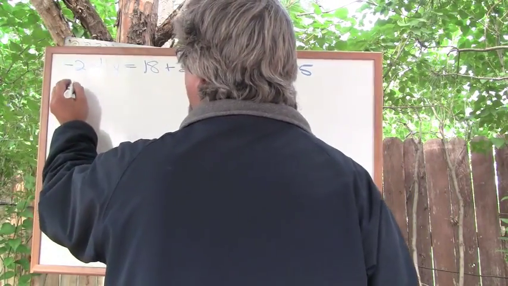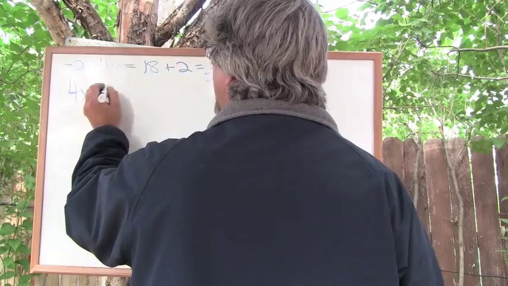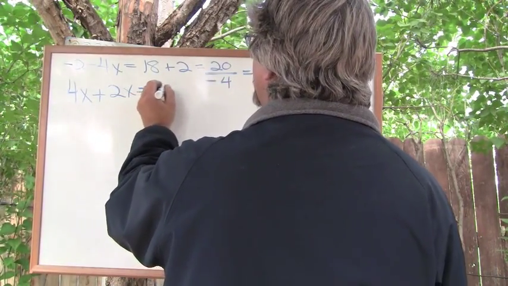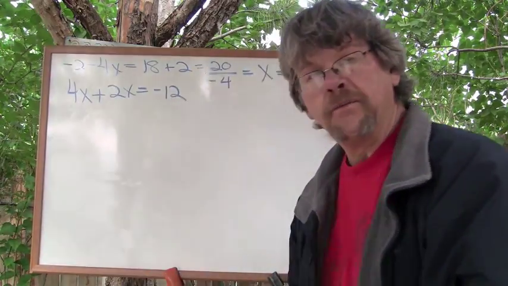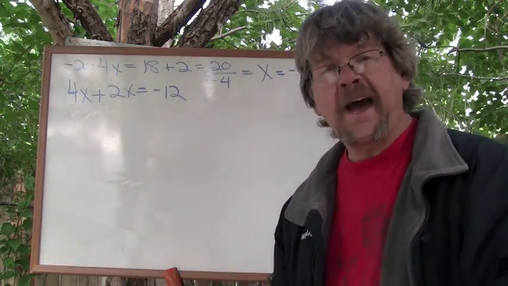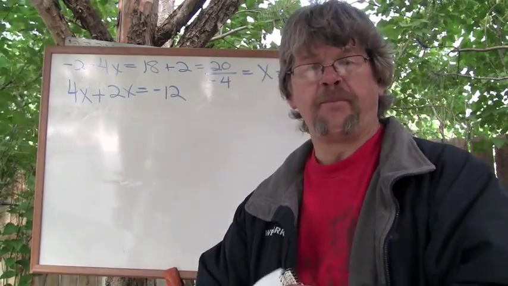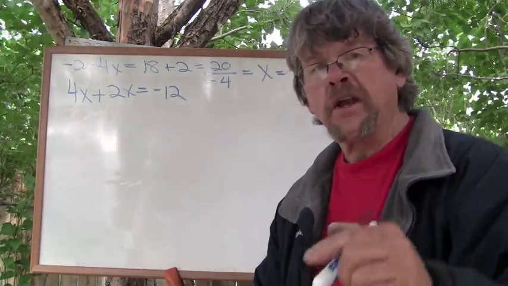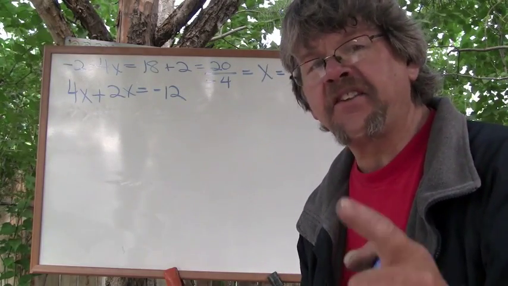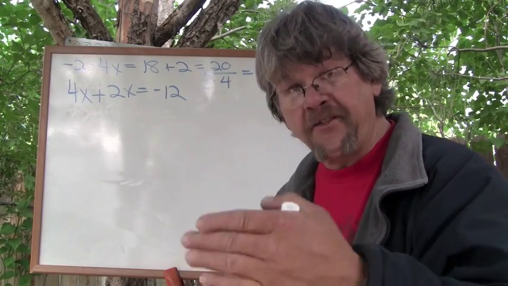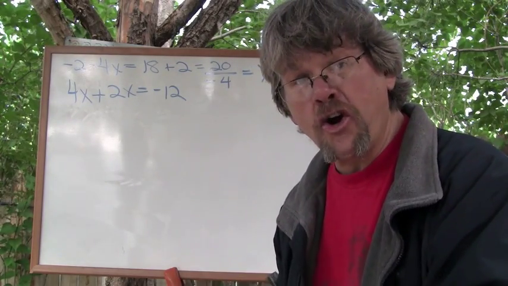What if we're told that 4x plus 2x equals negative 12? Now we have two numbers with a variable each. But notice, these x's have the same power, which, if you remember, is the definition of a like term.